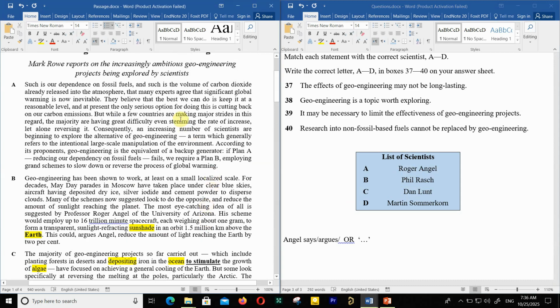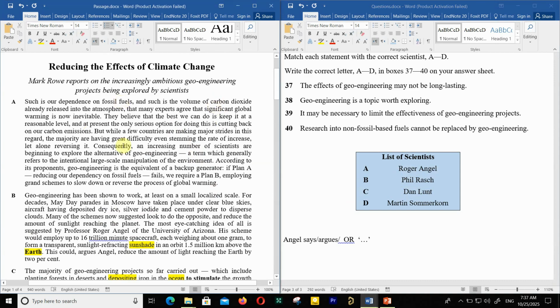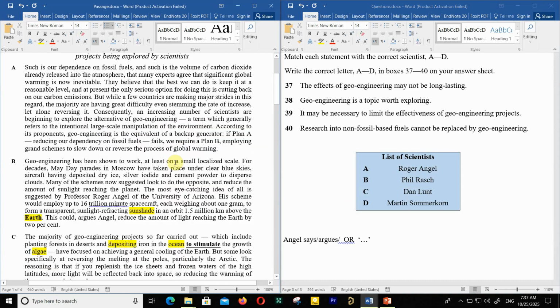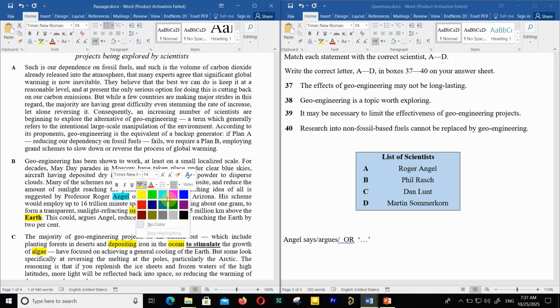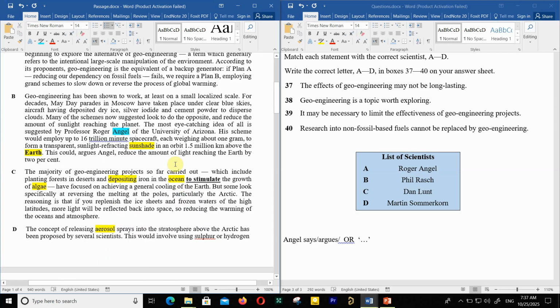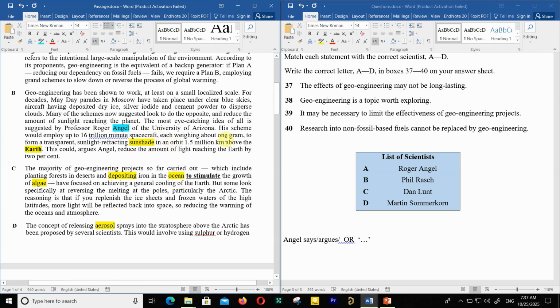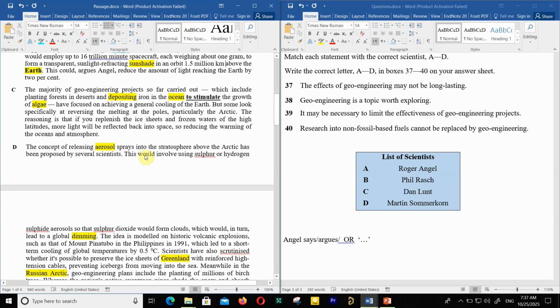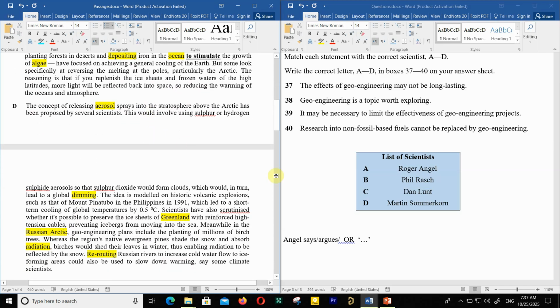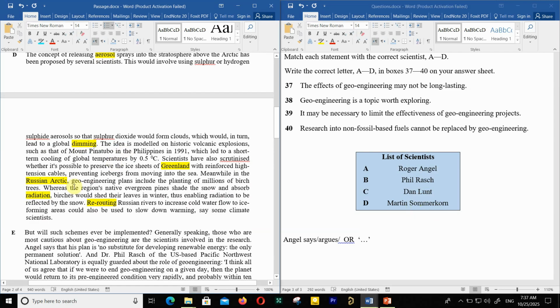So where can we find these names? Nothing in paragraph A. Here, this is Angel. I'm going to use another color for this question. So I have to look for Angel, Phil Rush, Dan Lund, Martin Sommerkorn. Just the capital letters, because these are the names. And where are they?